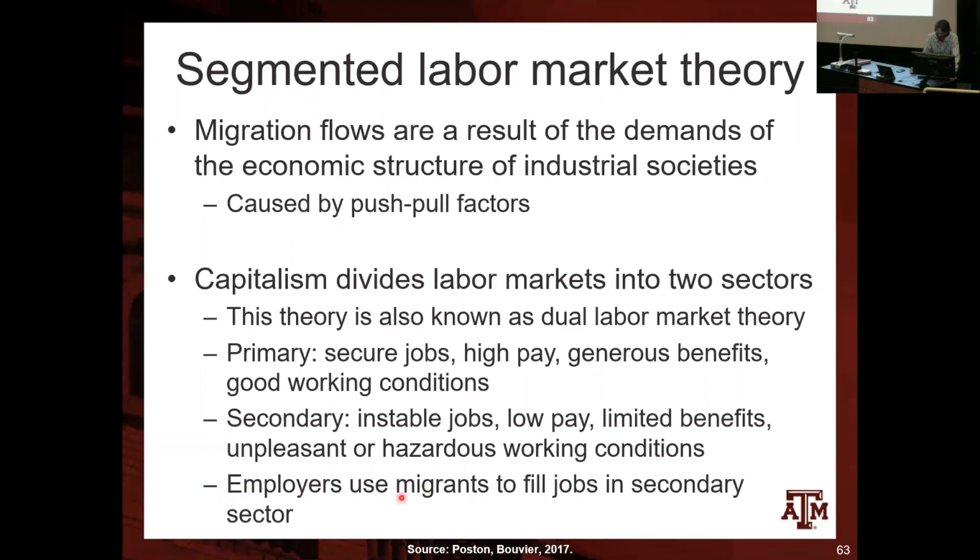And usually, employers use migrants to fill jobs in the secondary sector exactly because the native population is usually better educated. They tend to go work more likely in the primary sector. I'm not saying that the native population is not here. We also have people working in bad jobs, even those that were born in a specific country. But proportionally, there are more immigrants here, right?